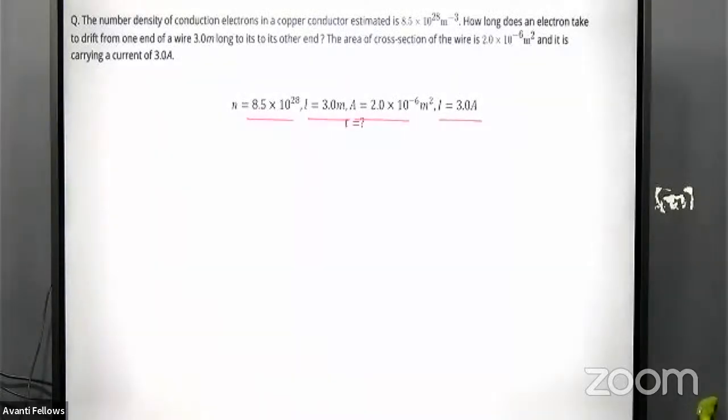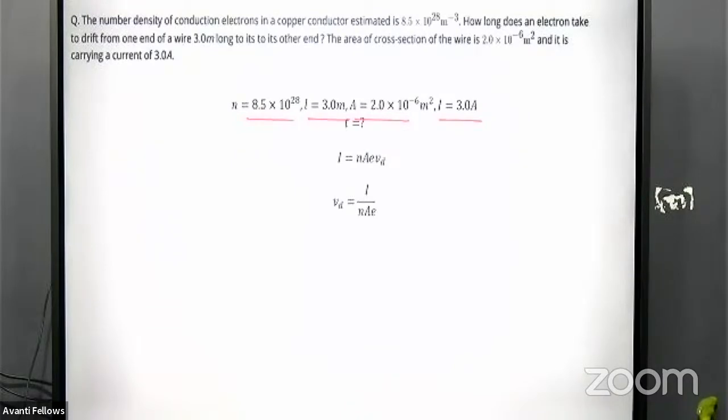We have to calculate how long, that is the time. So we have to use this equation, I equals N A VD multiplied by E. N is given, A is given, VD is not there, so VD we have to calculate.